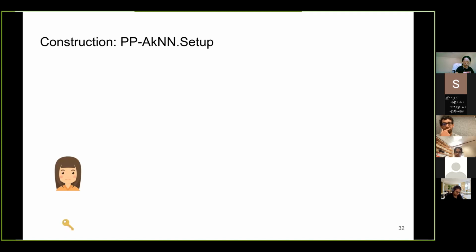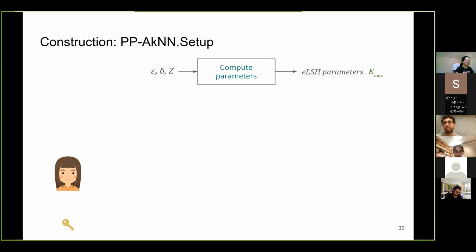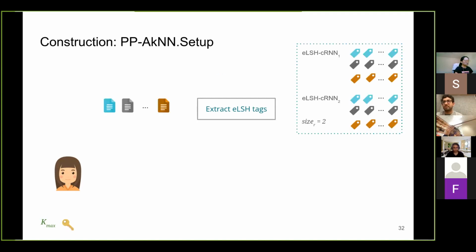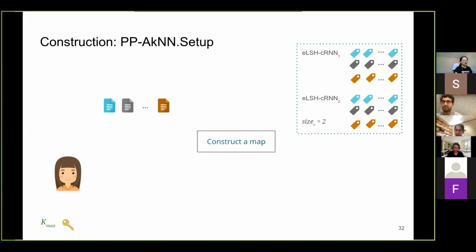The client will run the key generation algorithm and have her secret key, and it will compute the parameters epsilon, delta, and z, and output the ELSH parameters and the K-max, the largest K supported by the system. It will then use those ELSH parameters to extract the ELSH tags. The tags and documents will then be used to construct a map.